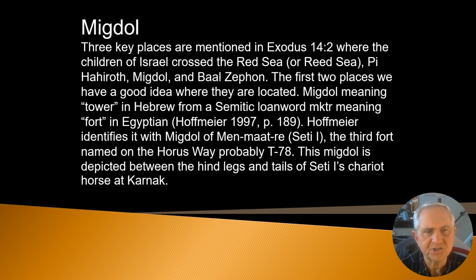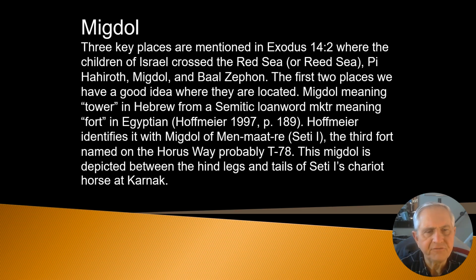The first two places we have a good idea where they are located. Migdol, meaning tower in Hebrew, is from the semantic loan word MKTR, meaning fort in Egyptian. Hoffmeier identifies it with Migdol of Men-Maat-Re, Seti the First.